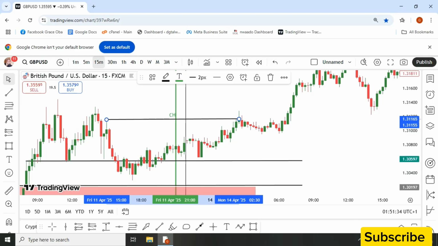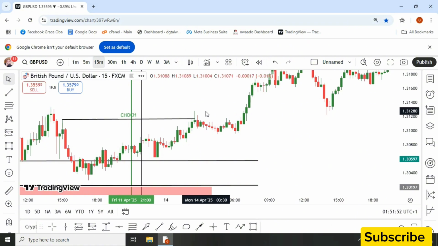The change of character from there. So it's giving a strong indication to go long, and you can enter a long position from this area, right? Immediately after that structure was broken, we already confirmed that price is going to trend up.